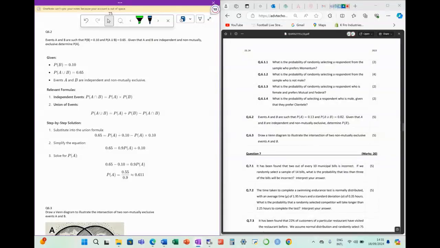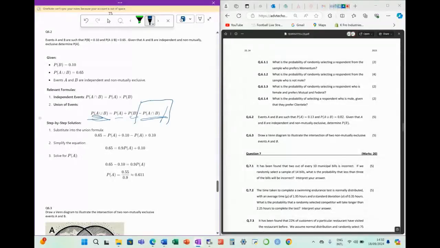Here you can see the breakdown of how we got the relevant formula, that being the probability of A union B. That's the probability of A plus the probability of B minus the intersection. We went into yesterday why we subtract the intersection, so that we don't duplicate.